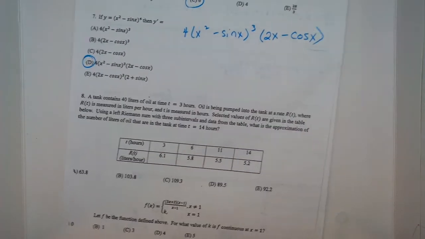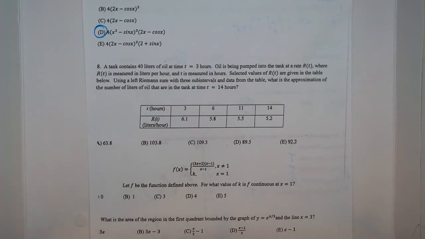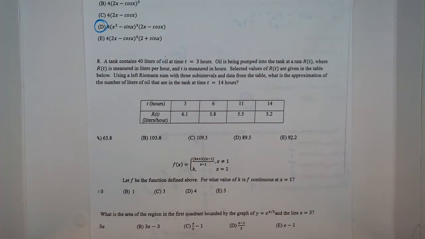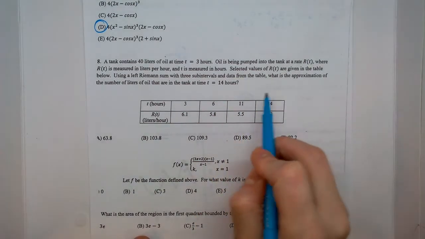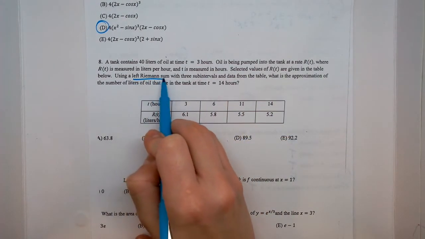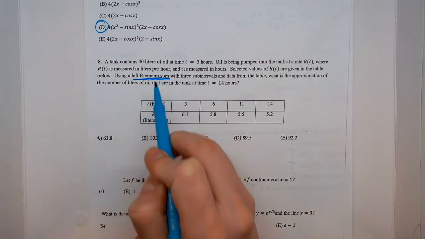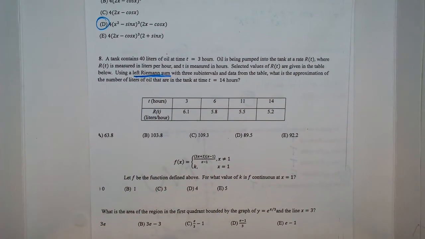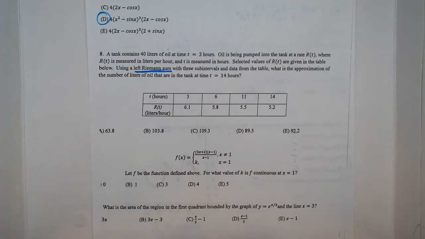Okay, let's look at number 8. A tank contains 40 liters of oil at time t equals 3 hours. We're going to find a left Riemann sum with 3 subintervals to approximate the number of liters of oil in the tank at t equals 14 hours.